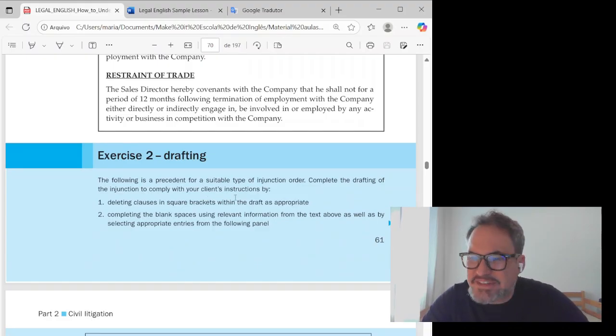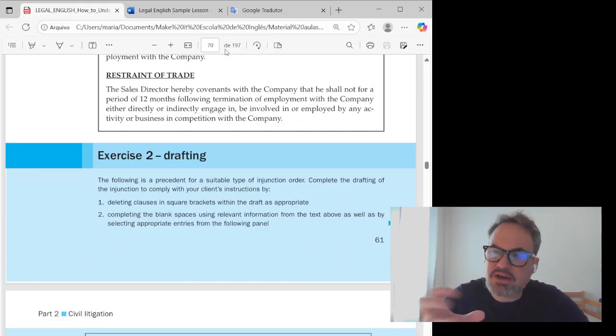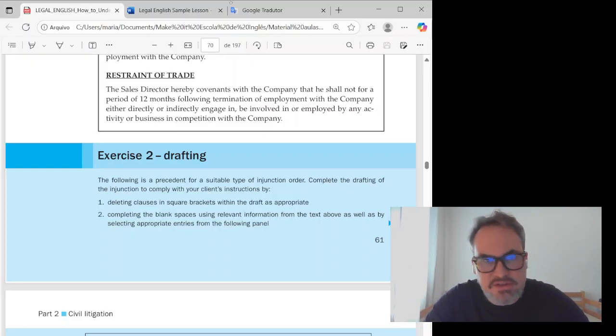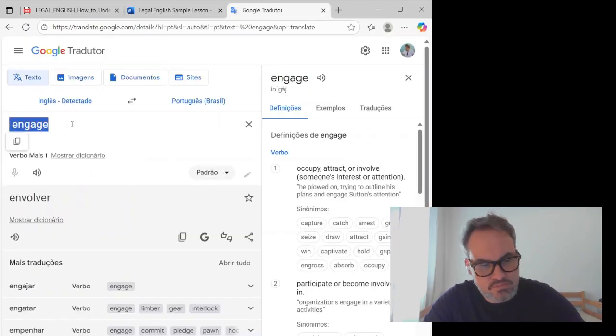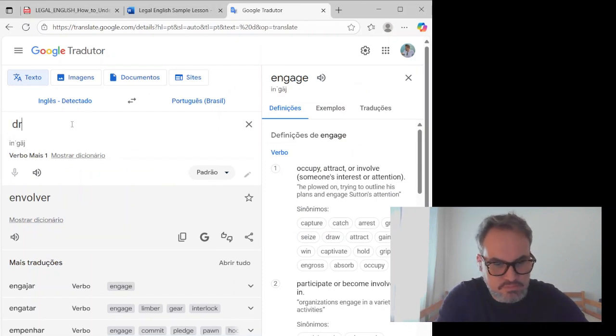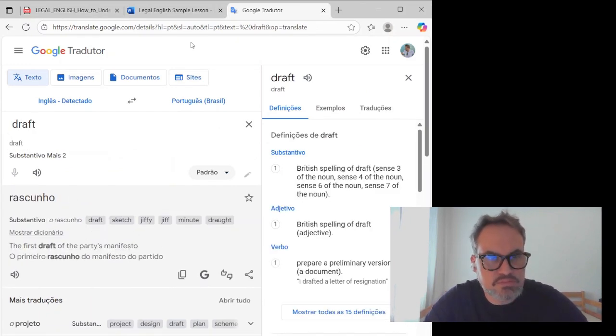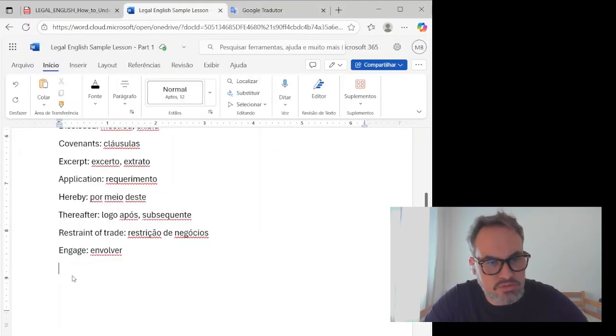Drafting. Do you understand drafting, guys? It's like to make a quick text before the formal text. Okay, it's like in Portuguese we would call it rascunho. Esboço. Esboço is better.